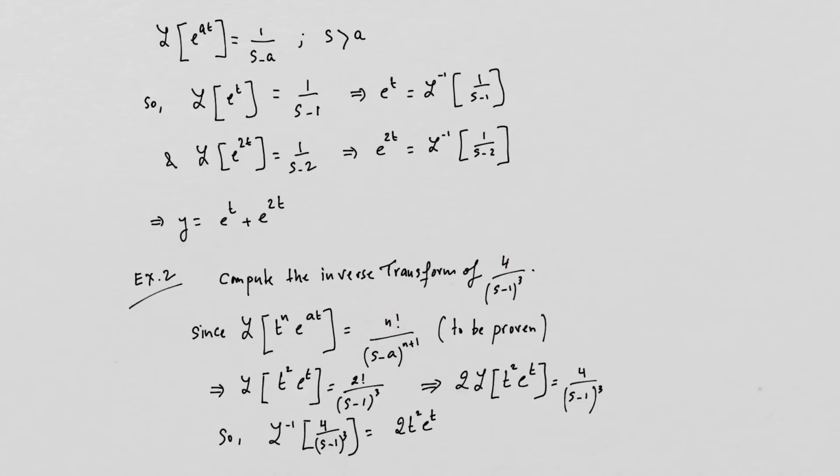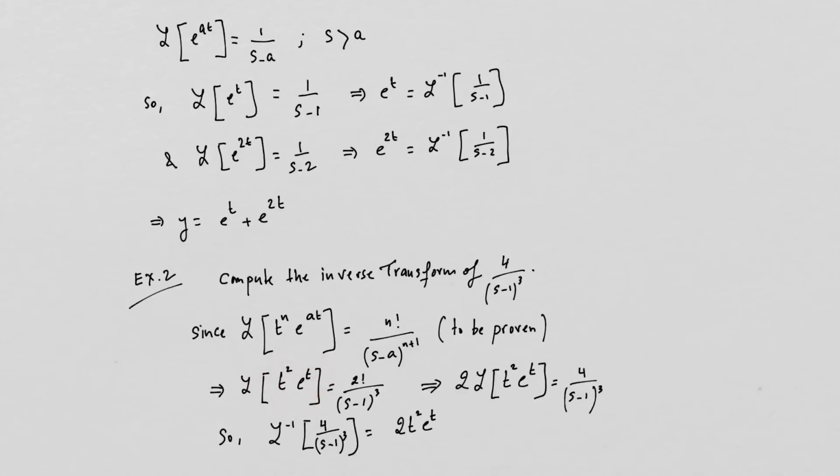I have 4. 4 factorial is too much. 3 factorial is also too much. So I use something smaller than 4, which is 2 factorial. If I have 2 factorial, that means n is 2, then I plug in 2 here. So I'm getting closer now.